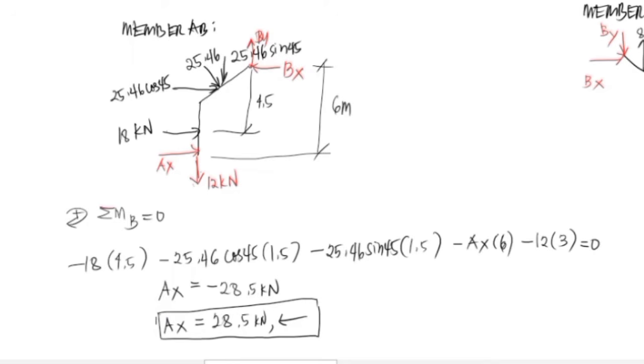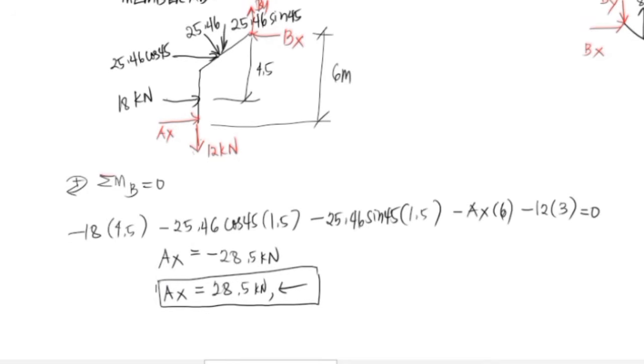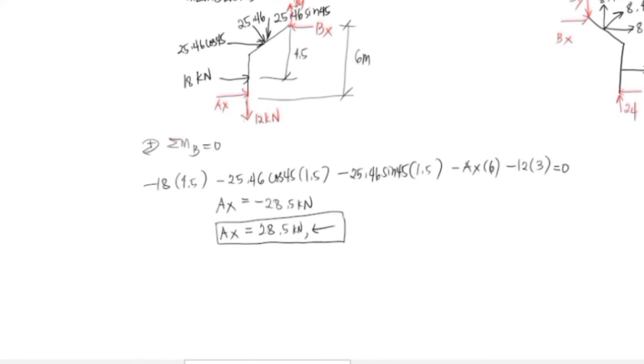In order for us to solve for the vertical reaction, we have to summate forces vertical is equal to 0, taking the upward direction as positive. We have negative 12 kilonewton, the vertical component of 25.46, that's negative since it is directed downward. 25.46 sine of 45, and BY directed upward, so it's positive.